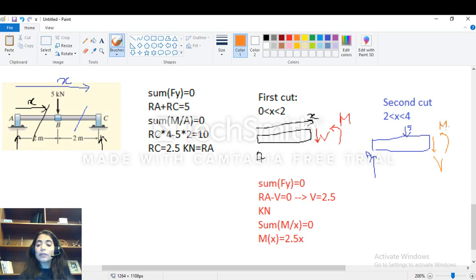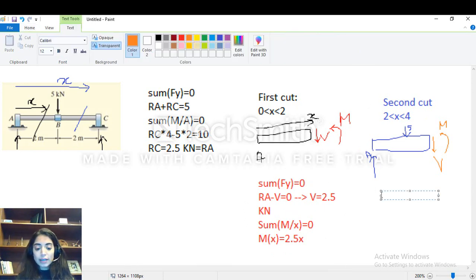Alright, so what I want to do here is the same procedure. Sum of Fy is equal to 0 to find V, and sum of moment around X is equal to 0 to find M. So the same procedure that I did in the first cut.